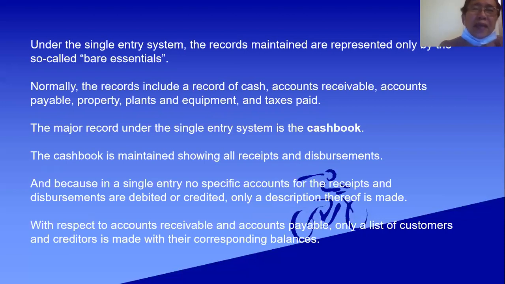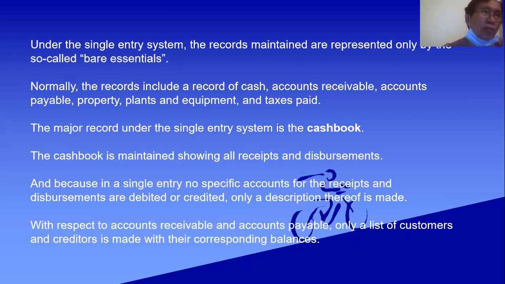And normally the records include a record of cash, accounts receivable, payable, property, plant, and equipment, and taxes paid. The major record under the single entry system is the cash book, and it's maintained showing all receipts and disbursements.